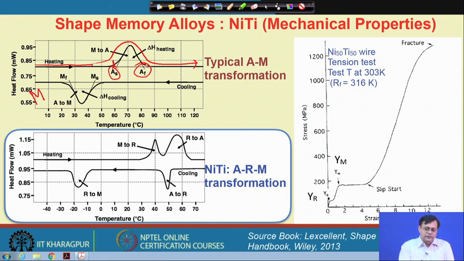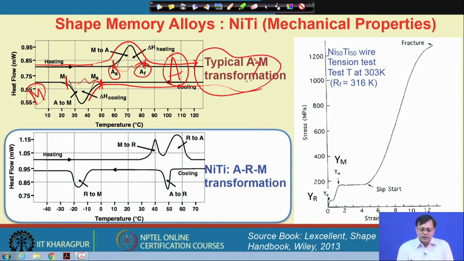Here it starts, here it finishes, and if I cool it down, here is where martensite starts to form, and here all the martensite will finish. Here I have complete martensite and here I have complete austenite, and in between this temperature range there will be martensite plus austenite.